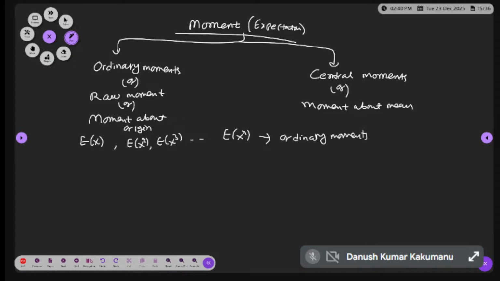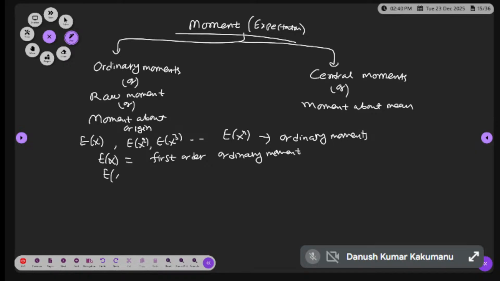E of x is the first order ordinary moment.